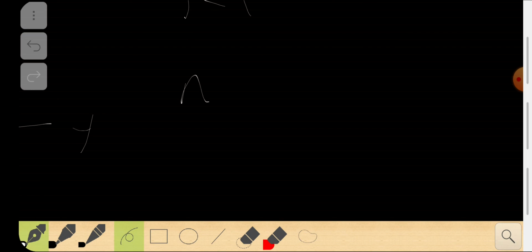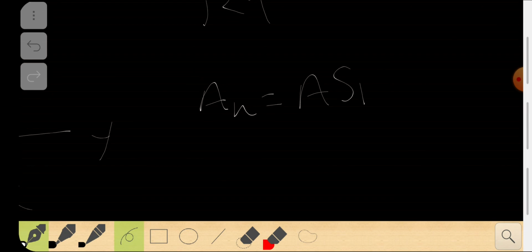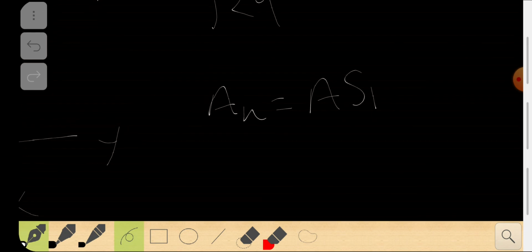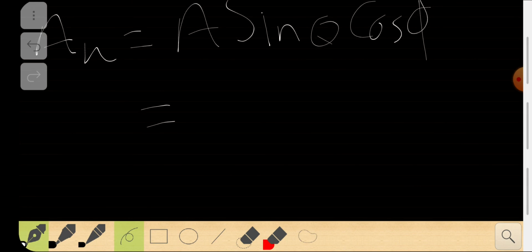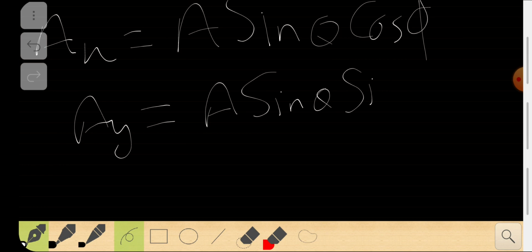So Ax will be A sine theta cos phi. We have found out theta. And also Ay will be A sine theta sine phi.